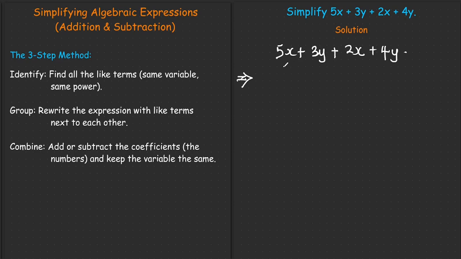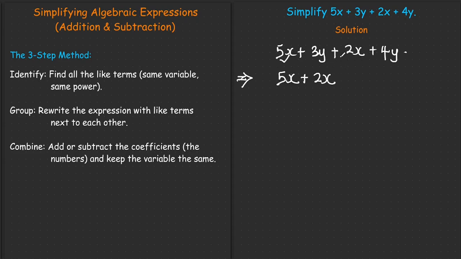So starting with the x's, let's try and group all those with x. There is 5x, and we are done with this. Then which other term contains an x? This here. So as I said, we are moving it with its sign all together. So you say positive 2x, that is plus 2x, not only the 2x.